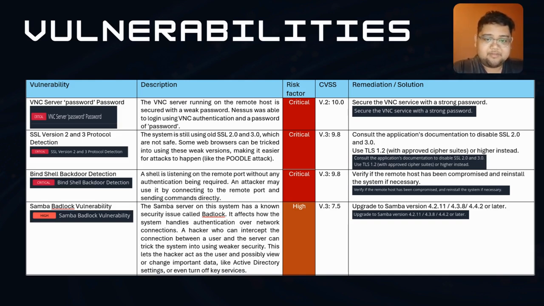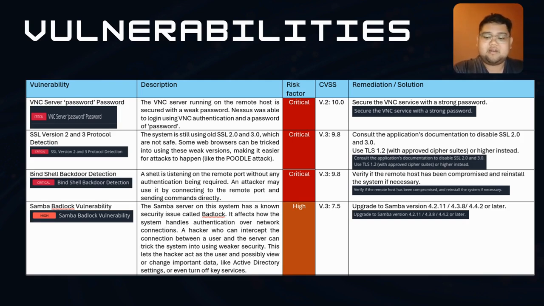The risk factor found using the vulnerability scanner is critical, with the CVSS version 3.0 score of 9.8. The solution is to disable SSL 2.0 and 3.0 and use the latest one, like TLS 1.2 or any higher.